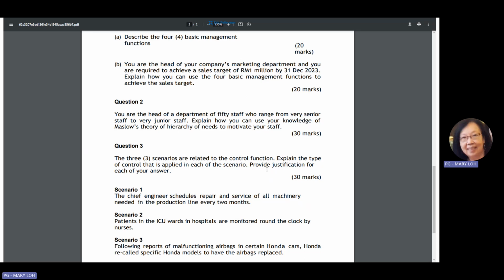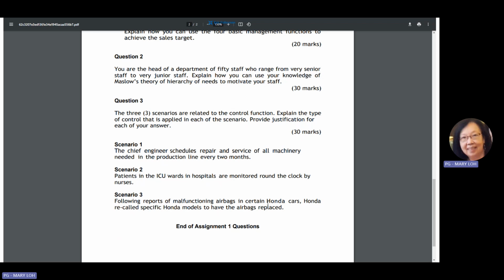Okay, and explain with reason. Justification means provide reasons for your answer. So let's go through the scenario, and then after that we go and look at the types of control in order to determine and decide which particular type of control is relevant to which scenario.